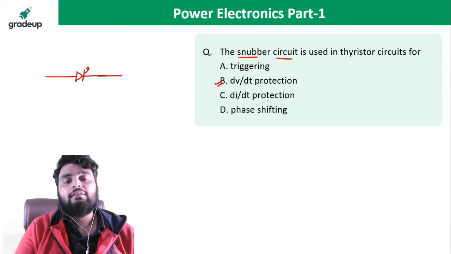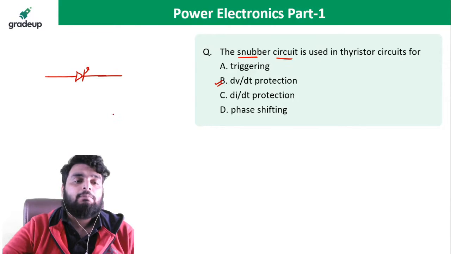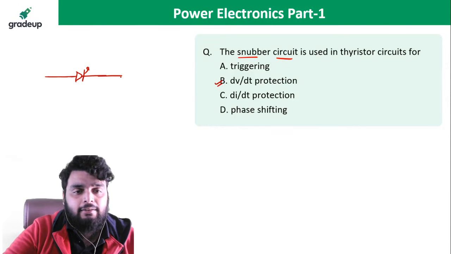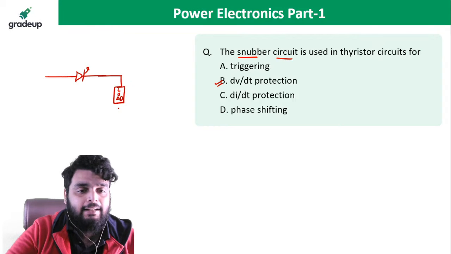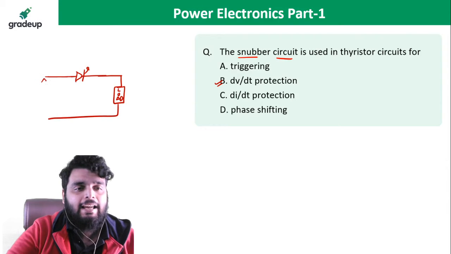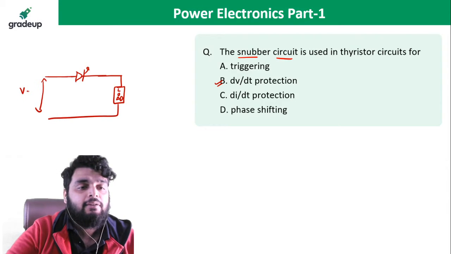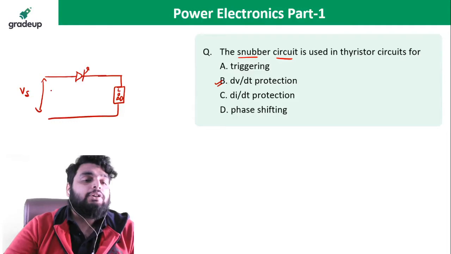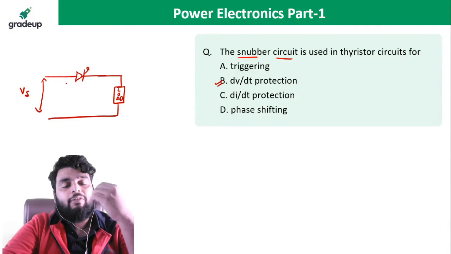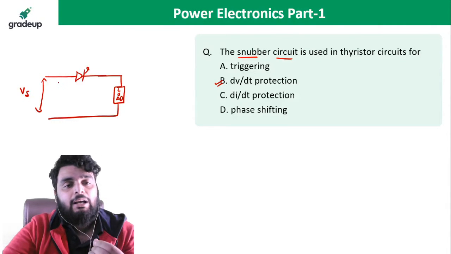So whenever a thyristor turns on, one of the important points we should understand is this. Let us suppose this is a load, and this is a thyristor, and here I have some supply Vs. If you turn on the thyristor without providing any protection, then what will happen?